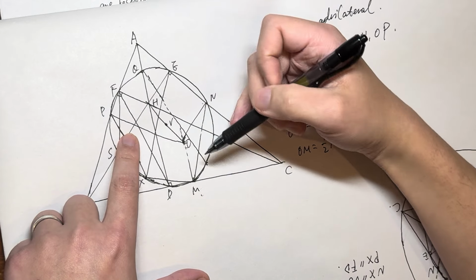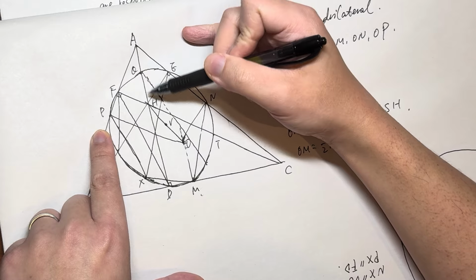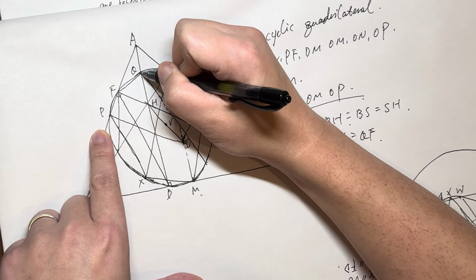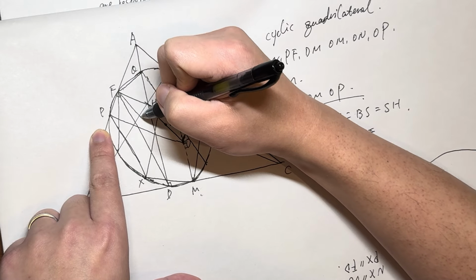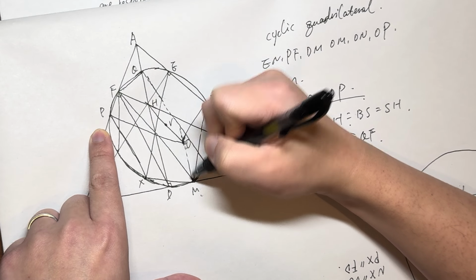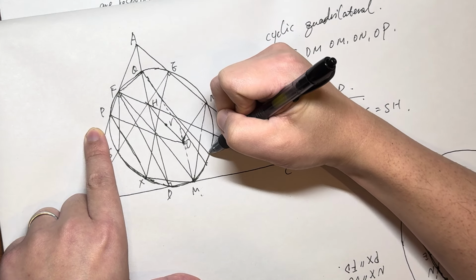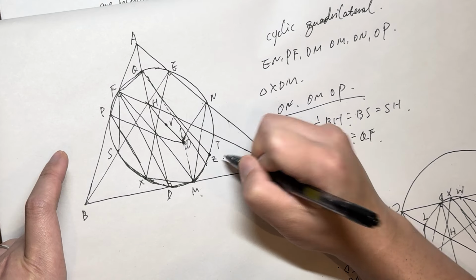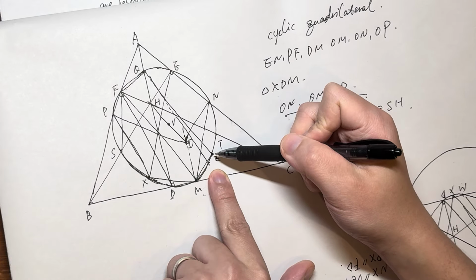Right? OM equals half of AH, that's AQ or QH, also equals QF, which means that we should connect FM here and make a parallel line of FM here, and let's call it Z. Let's try to see if Z is a point we're looking for.